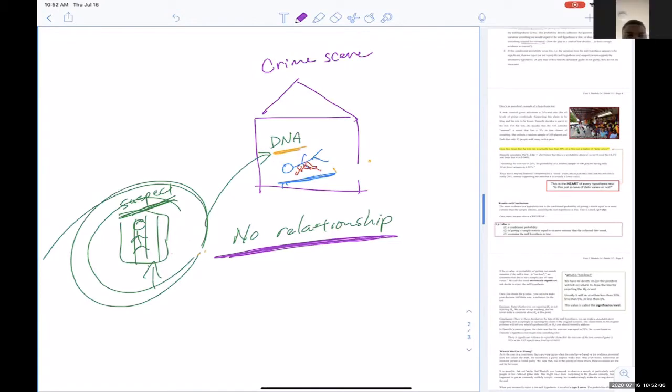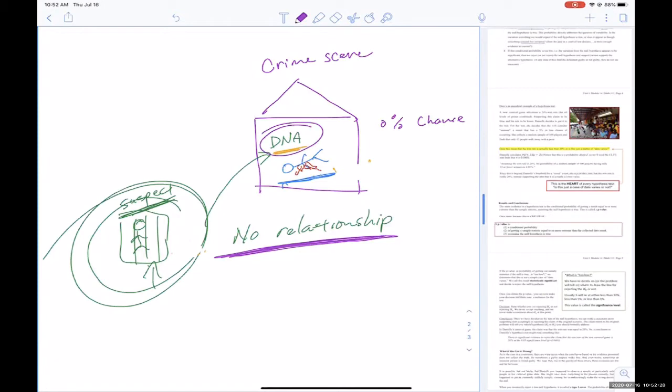Like 0%? Very good. Yeah, almost impossible. If he has no ties to the murder victim, there is going to be a 0% chance that his DNA will be in that crime scene.